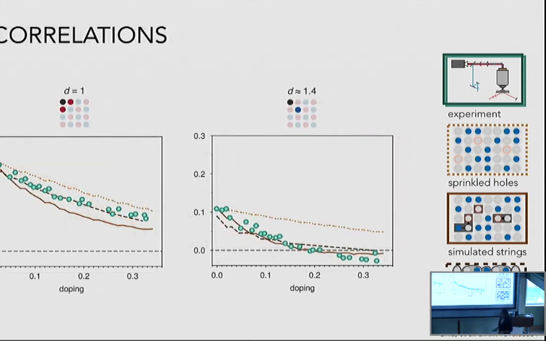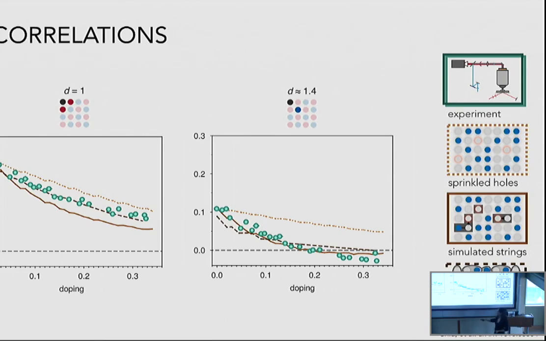So of course, even though we've looked at these new observables, we should still continue to look at the more traditional observables. And so one of these is a spin correlation. And so here what we've plotted is, as a function of doping, what is the nearest neighbor spin correlator, sign corrected, and also what is the diagonal next nearest neighbor spin correlator.